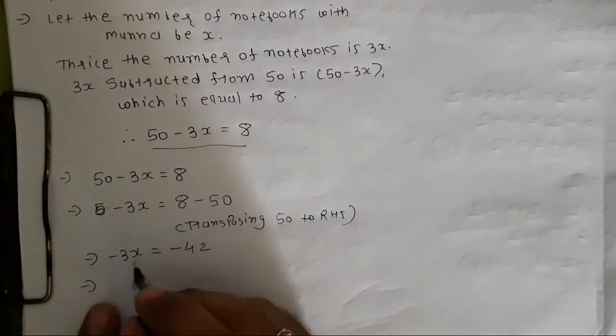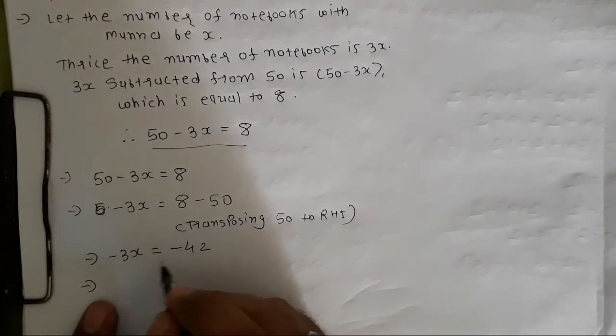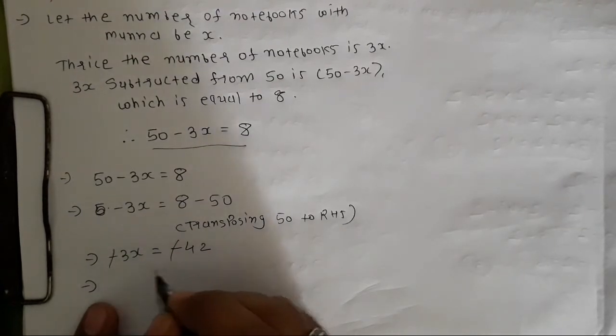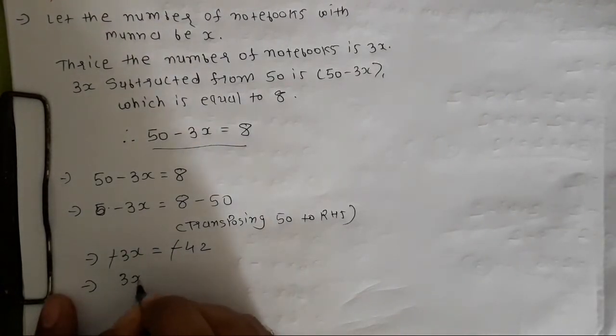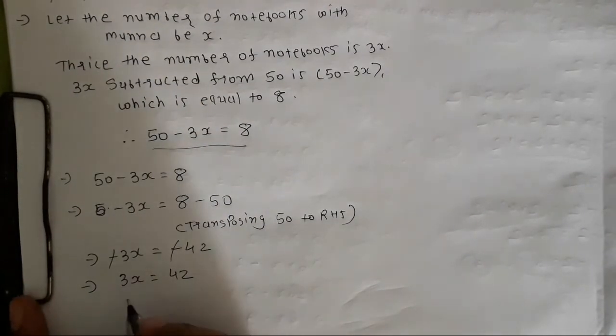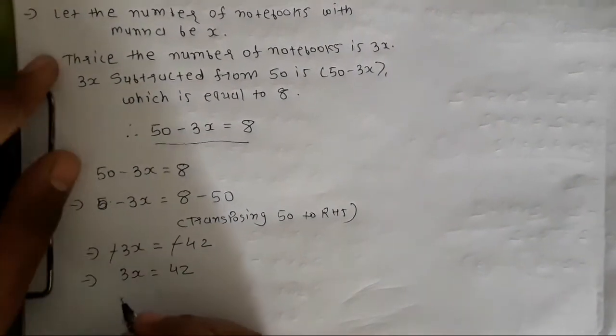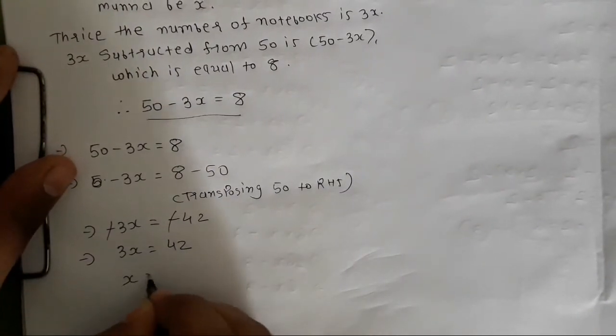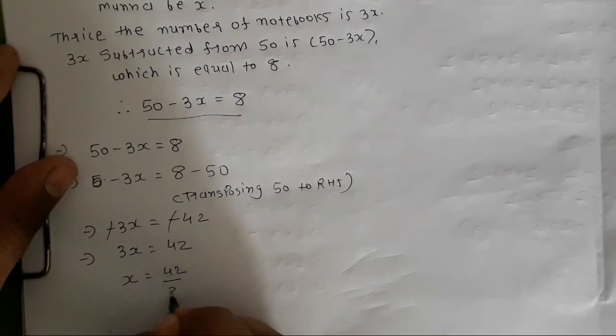Here both on the LHS and the RHS, a minus sign is there, so we can directly cut that. Now 3x is equal to 42, or you can cut it later too. Now 3x is equal to 42. This is the value of 3x. Now I have to find the value of x. So x is equal to 42 divided by 3.